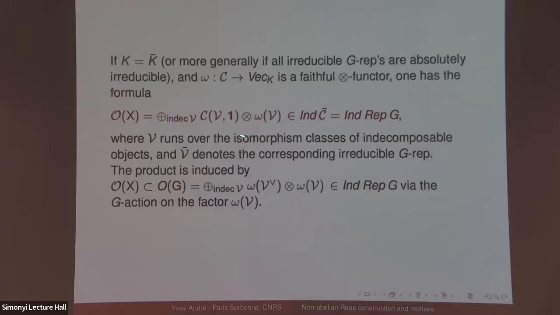So in particular, this embeds into omega of the dual V, so that O of X is in fact a subspace, but it turns out to be a subalgebra of this thing, because this thing is exactly O of G by the famous formula, where G acts only on the second factor. So this is a very concrete formula, very useful when one wants to use this theory, one always uses this one.